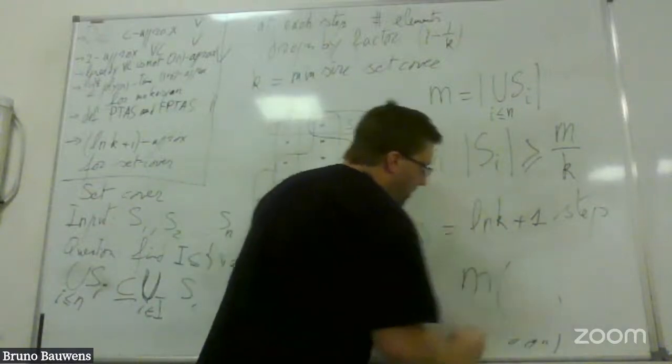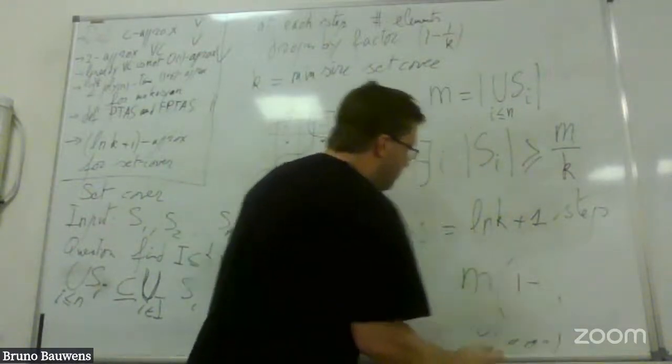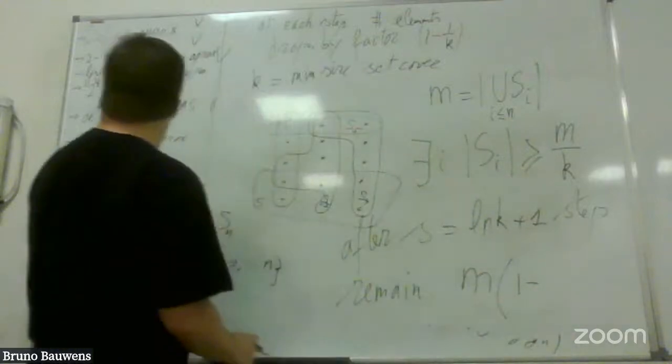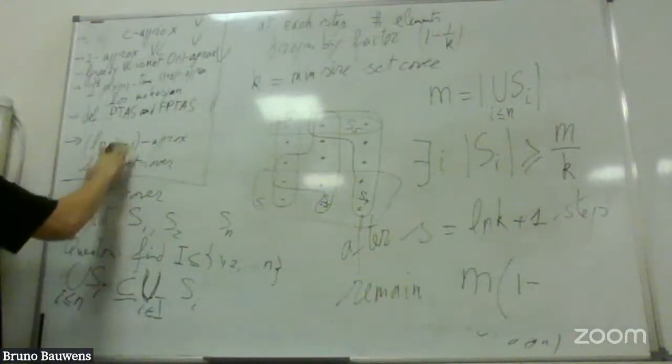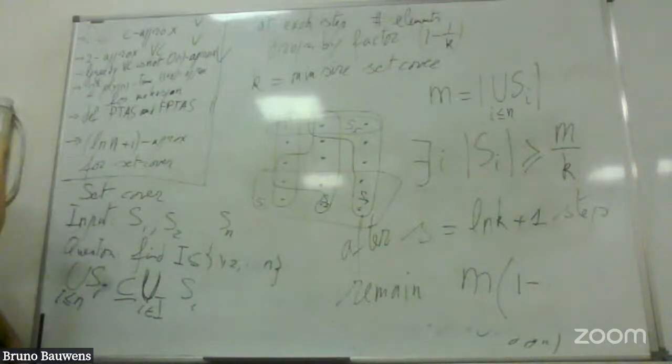Oh, I made a mistake here, n is the input size, so I should say m.